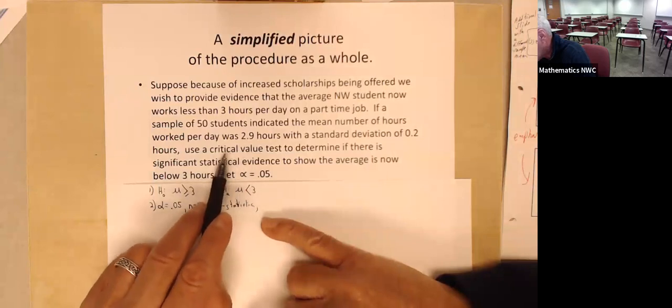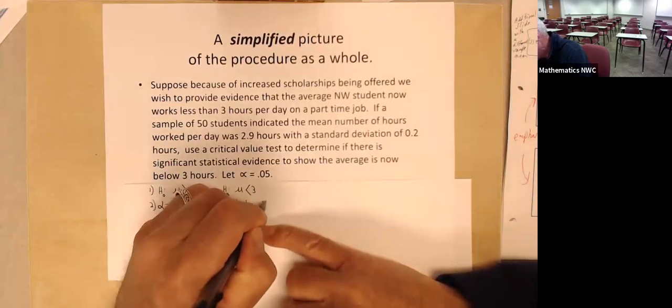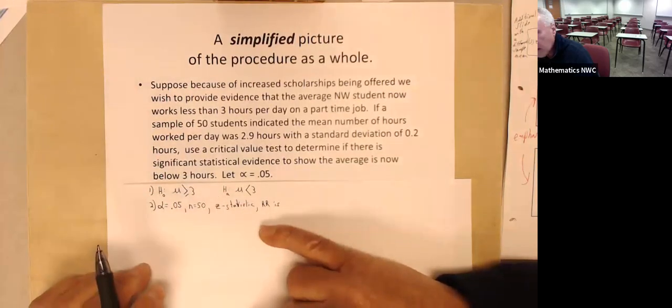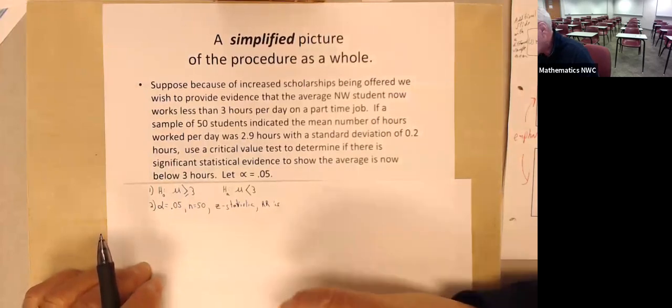They told me to use a critical value test. Well, that critical value test now has to give a rejection region, RR. So I'm going to look for what my rejection region is in this case.